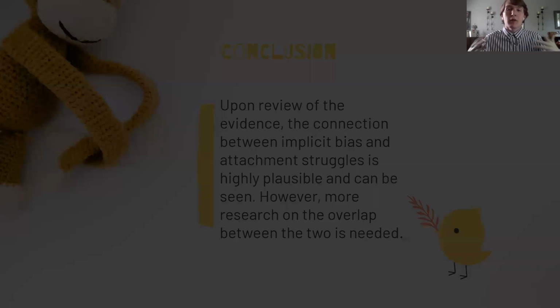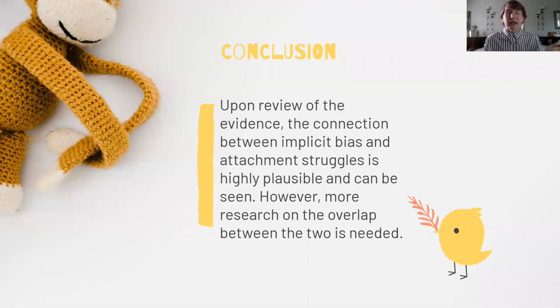Now, reviewing all this evidence, the connection between implicit bias and struggles to form attachments in adoptions is highly plausible and can be seen. However, I suggest more research on the overlap between the two is desperately needed because the best results come from a large amount of qualitative research.